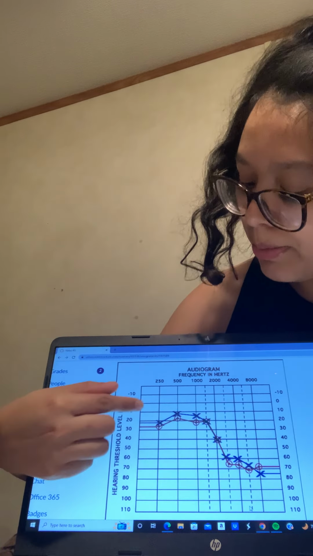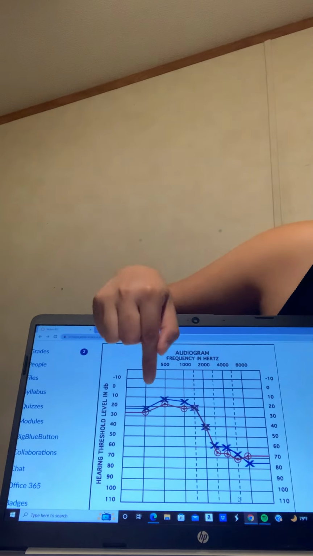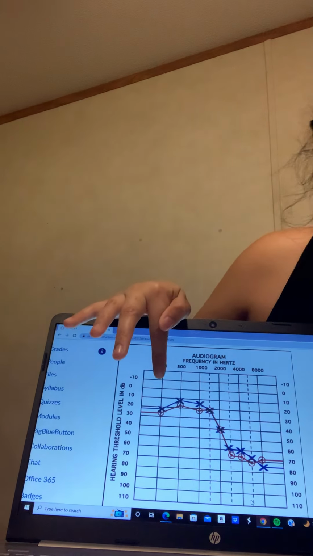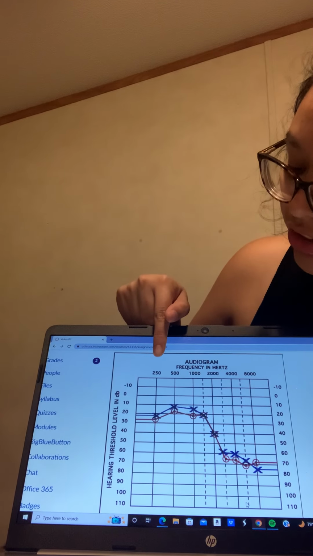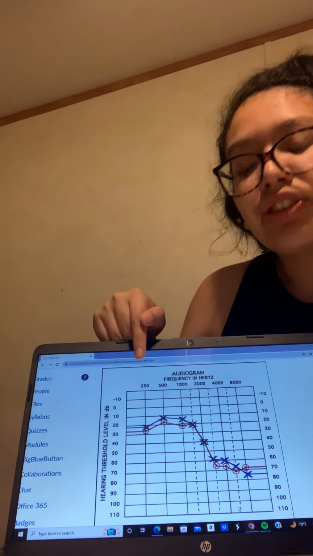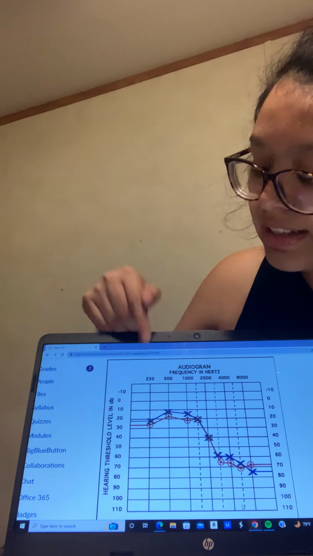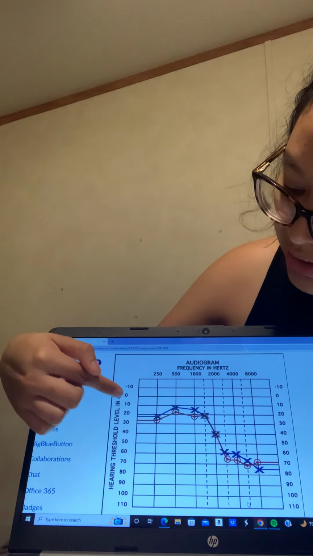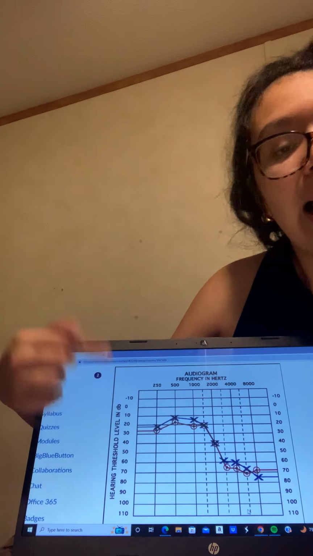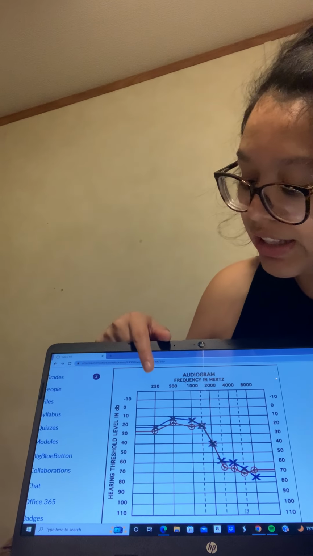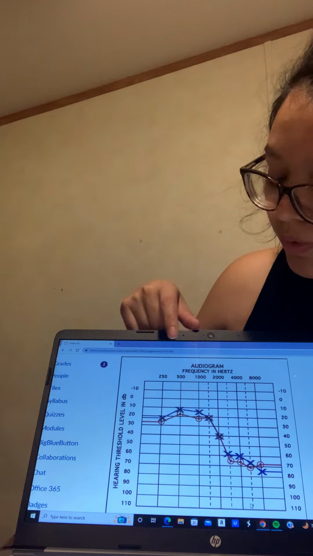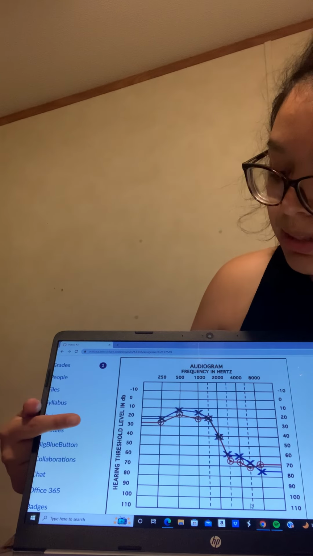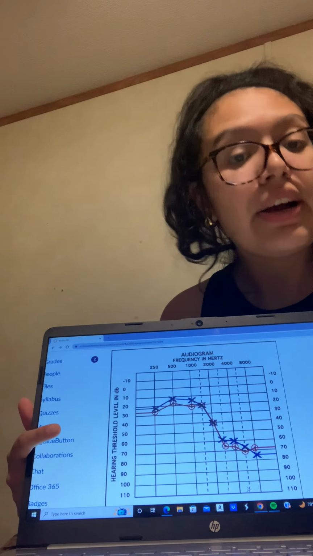So if we look at one plot point, this first blue X at 250 hertz, which is the lowest pitch on our test, we can see that it plots at around 21. So to hear a 250 hertz frequency, it has to be at about a 21 loudness.